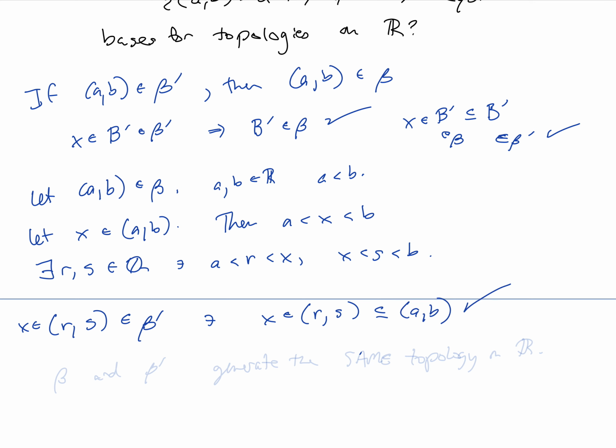And so yes, these two bases do generate the same topology on R. So beta and beta prime generate the same topology on R.